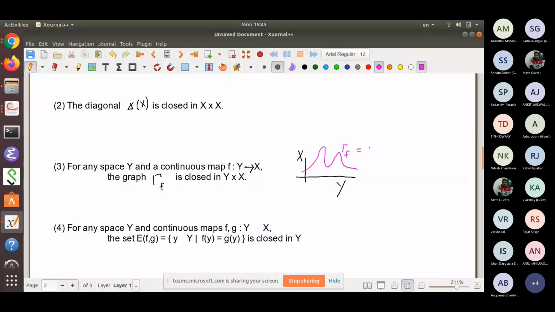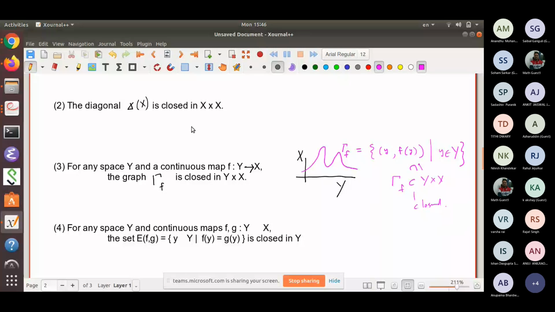The graph of f is the set of all small y and f of small y, so that y belongs to Y. This is the definition of graph, one of the first things you learn in higher secondary or college, I don't know when. So this graph is therefore a subset of Y cross X. So this should be closed. If X is Hausdorff, then this graph is closed. Conversely, if for every such map this is closed, then X is Hausdorff.